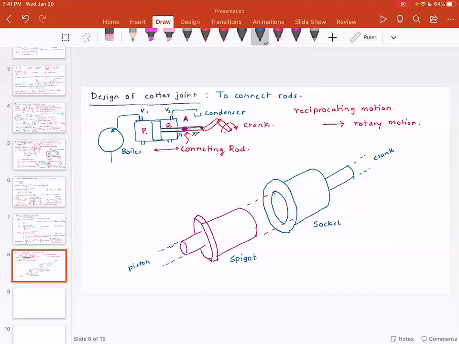So the idea is that the spigot and socket together, they connect and they allow reciprocating motion to transmit.